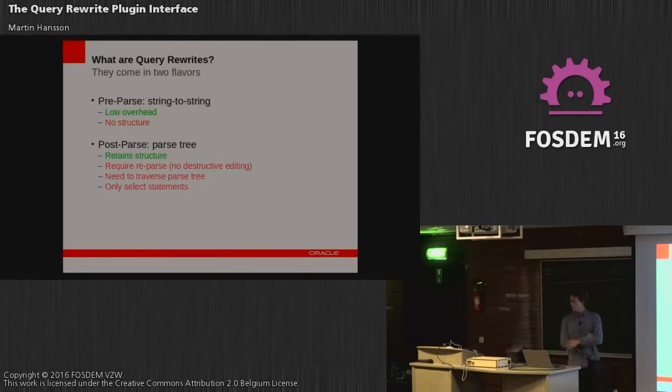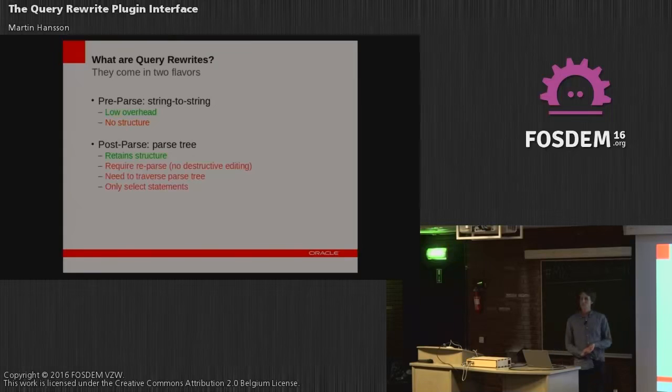The post-parse API operates on the parse tree instead, and that's good because you know the structure of the query, and you can find the strings inside it. So if you're searching for a certain string, you will not find it inside a comment, because comments are washed away by the time you've parsed, which is very good.